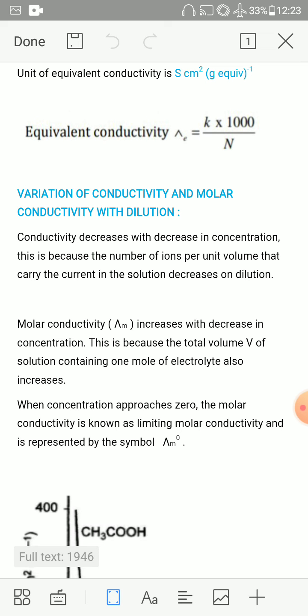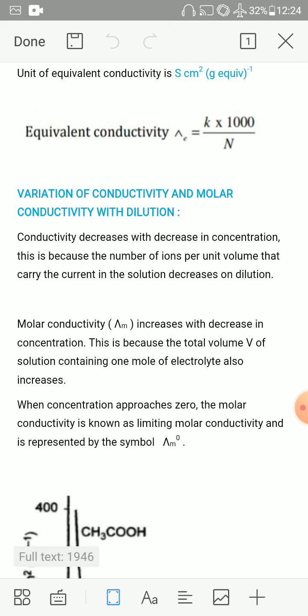This is because the number of ions per unit volume that carry the current in the solution decreases on dilution. Okay, and I have told you that if the number of ions decreases, then conductivity also decreases. If the number of ions in the solution increases, then conductivity increases. So on dilution, as the number of ions decreases, conductivity also decreases.